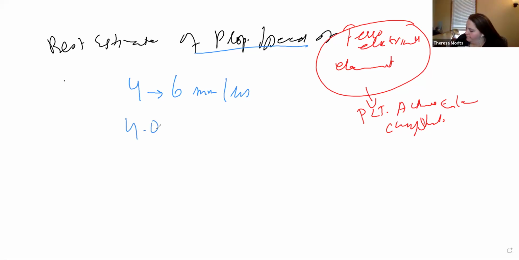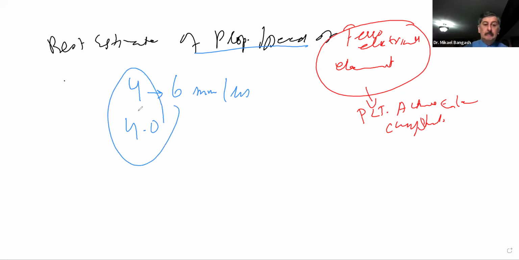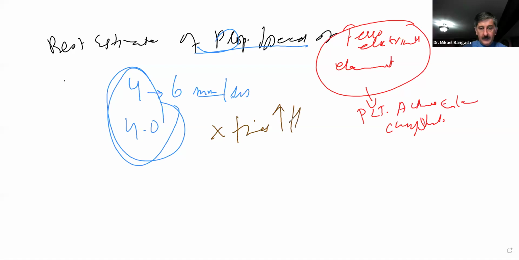So 4.0 is the same as 4. Clear? Millimeters per microsecond. So this is still the propagation speed of your active element. What they said was that it is roughly 5 times greater than that of soft tissue, although soft tissue had a speed of this much.